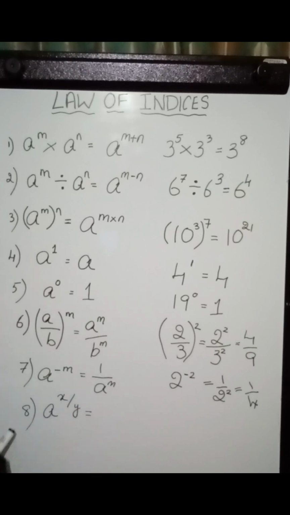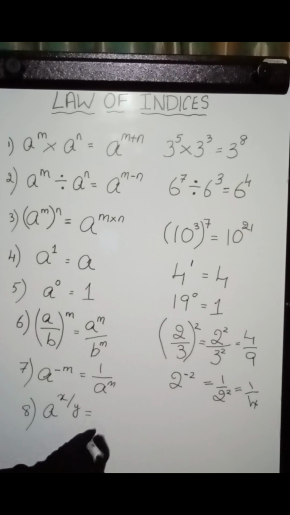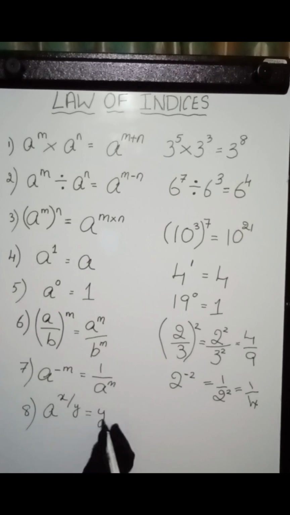The last one: when you have a to the power of x by y. When you have a number having the power x by y, in this case your y will come outside the root and your a will come inside the root and the x will be the power of a.